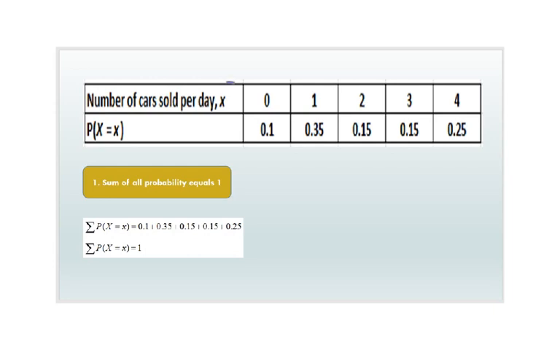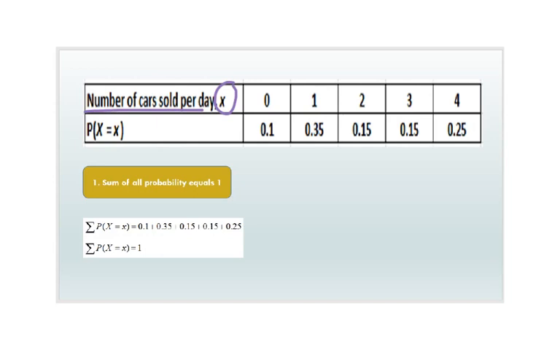The first value is the value of x, which is the observation of your variable. In this case, our variable is the number of cars sold per day. We know that the number of cars sold per day is a discrete variable, or discrete data.